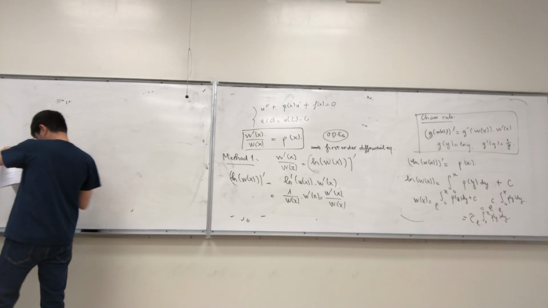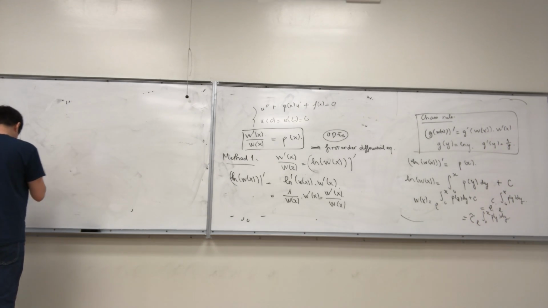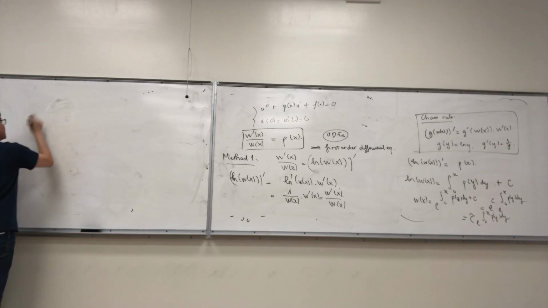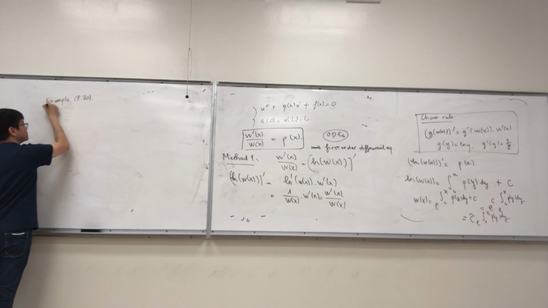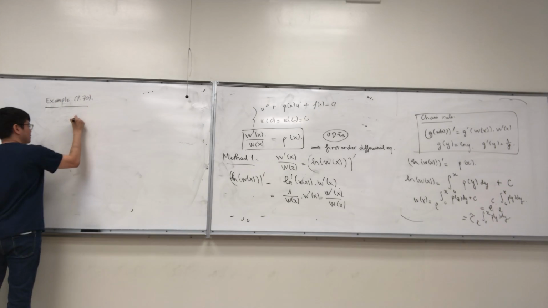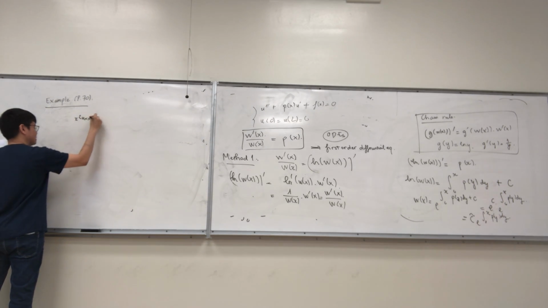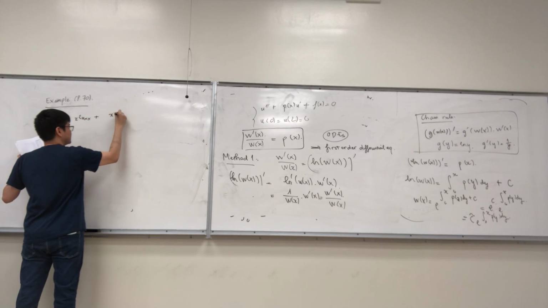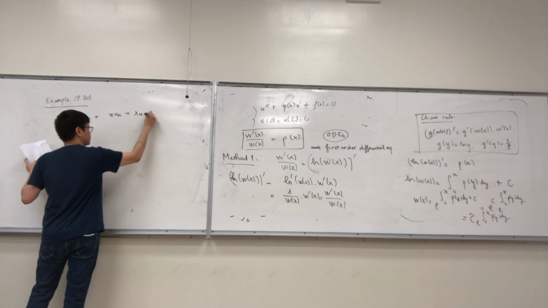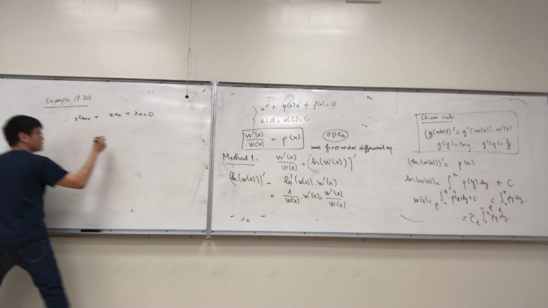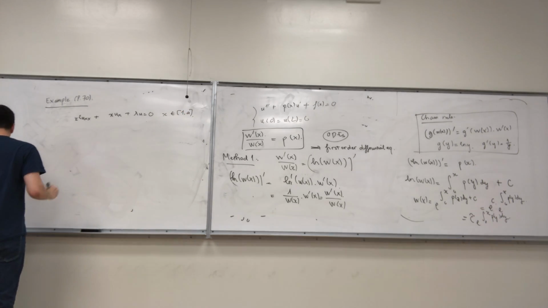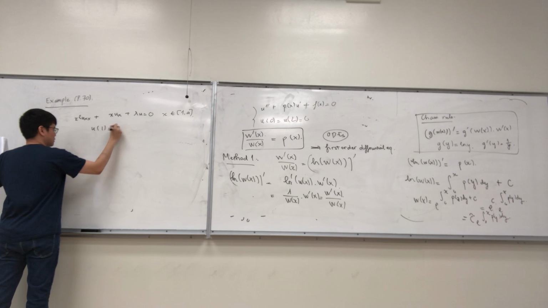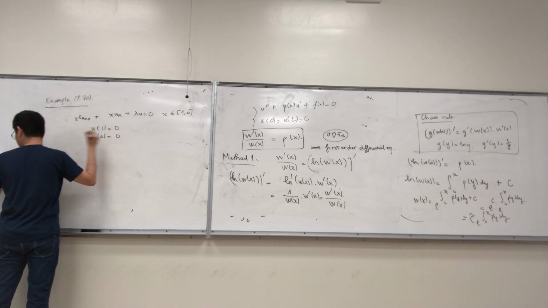So another example, which is page 70. So you have x squared u double prime plus x u prime plus lambda u equals 0, and you have x in 1 to a. You have u(0) is 0 and u(a) is 0.